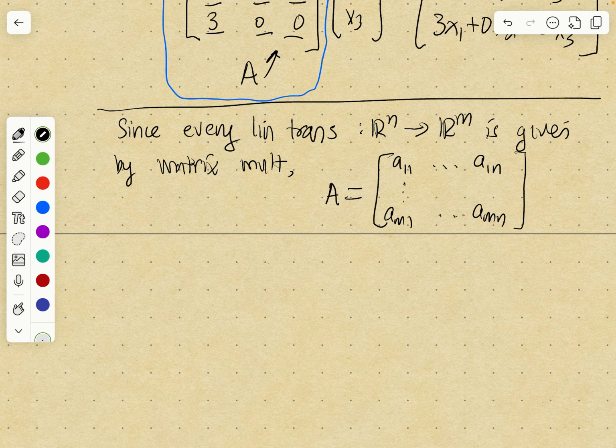Remember, that's our general notation for a matrix. The ij entry is A sub ij.